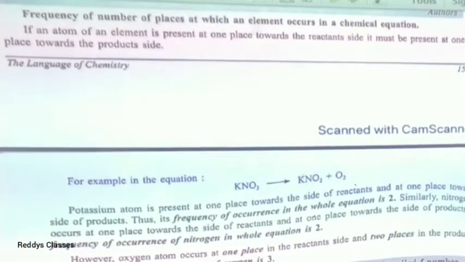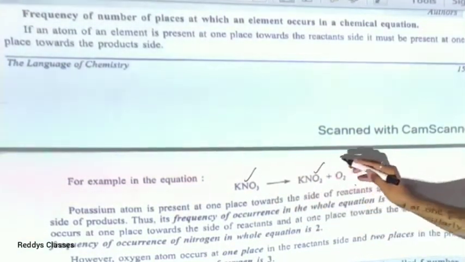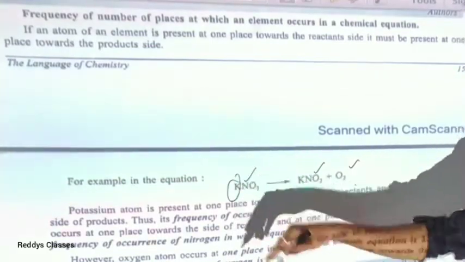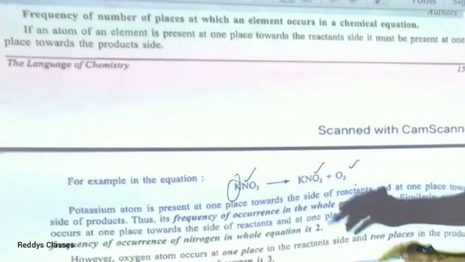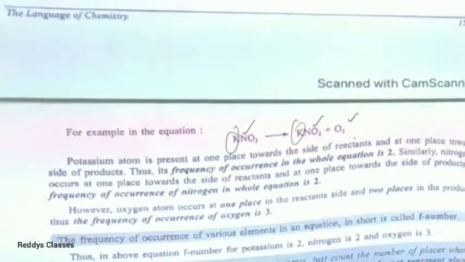Okay, so let us see an example here. You can see KNO3 gives KNO2 plus O2. Now the potassium atom is present at one place towards the reactant, and also at one place towards the side of the product. Thus its frequency of occurrence in the whole equation is 2.